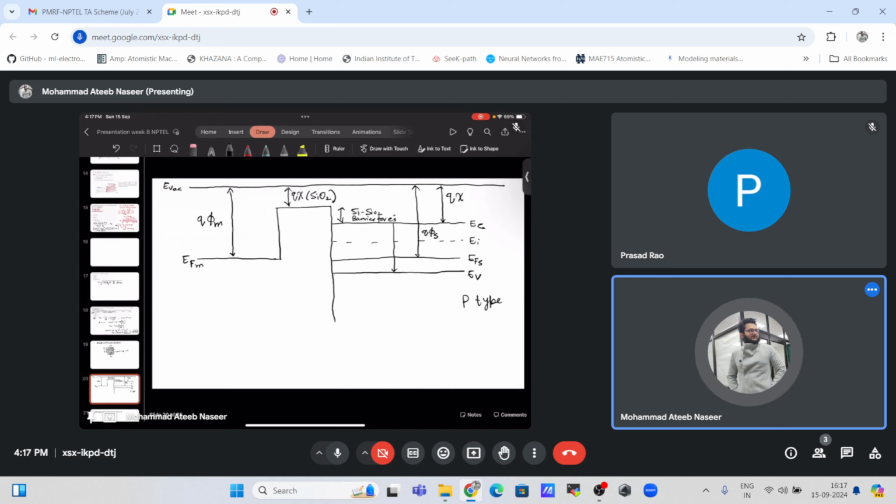This is the band gap for the material, and this is the q phi f, the difference between the intrinsic Fermi level and the semiconductor Fermi level. So this is our oxide. This is our metal, and this is our semiconductor, and that too p type. And this will be the SiO2 barrier for holes.